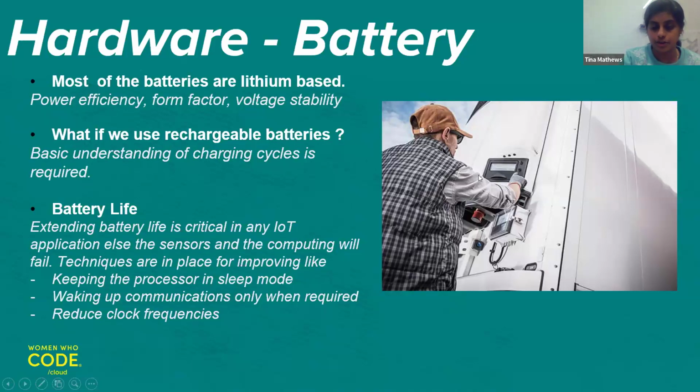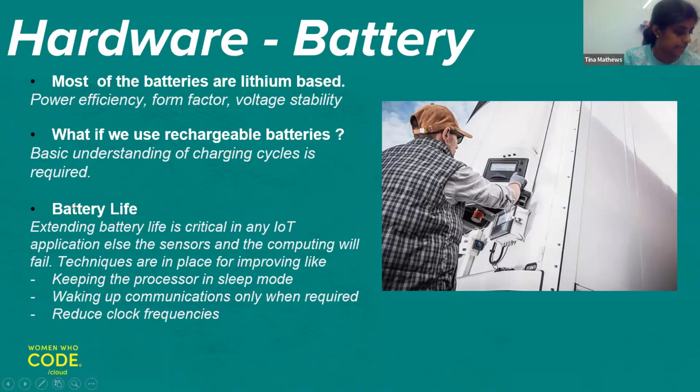A technician or an operator, anybody involved, would need to change this IoT module. If you're using rechargeable batteries, you need to change them often. So you can't be running up there in minus 7 or minus 8 degrees, trying to change the batteries every month. So you will have to design your modules accordingly.